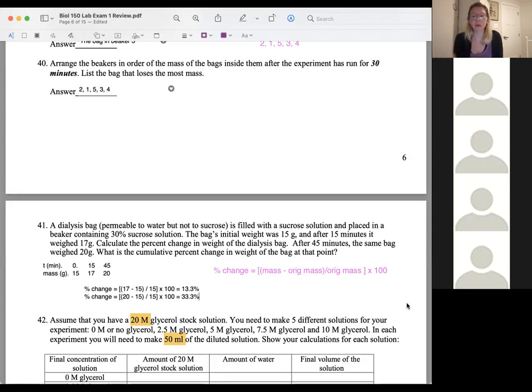All right, so does everyone understand how to do that calculation, how we set it up, and then how we were able to get these numbers? If you don't understand, if you're still confused, please speak up now.